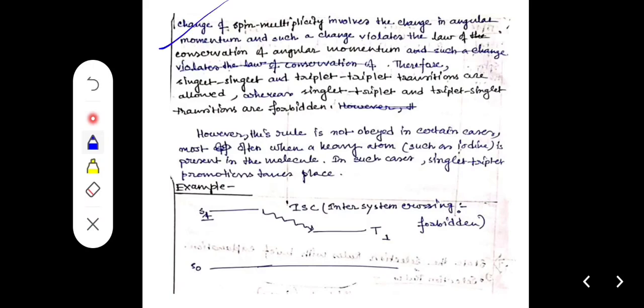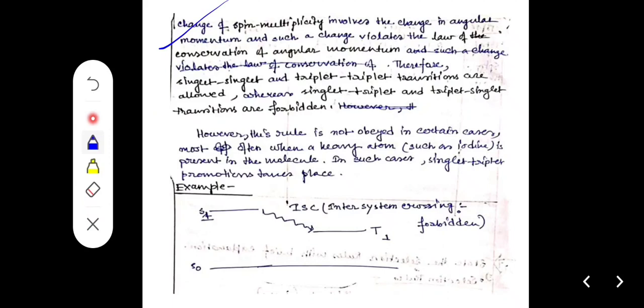Now, a change in spin multiplicity involves a change in angular momentum. Obviously, when spin multiplicity changes, angular momentum also changes, and such a change violates the law of conservation of angular momentum. Therefore, singlet to singlet and triplet to triplet transitions are allowed, but singlet to triplet as well as triplet to singlet transitions are forbidden.